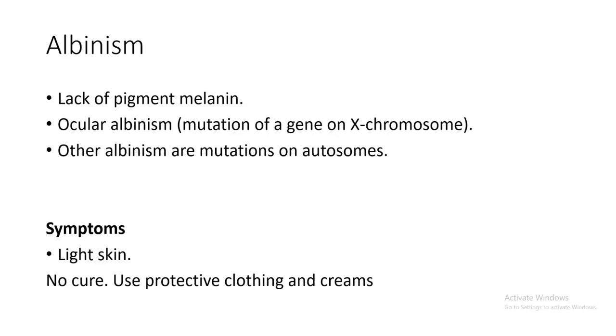So people with albinism, they tend to have pale skin, and the sun tends to affect them. So to avoid such problems, because there's no cure also for it, you can use protective clothing or creams to assist them.